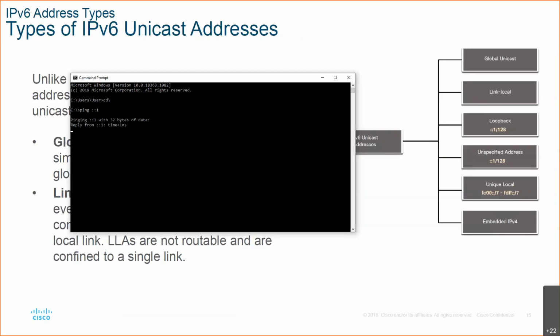Is it working? Yes, it is working. I'm getting a reply. Can you see that? This will show that your IPv6 is working on your computer. No issue. This is the basic test that you can do.